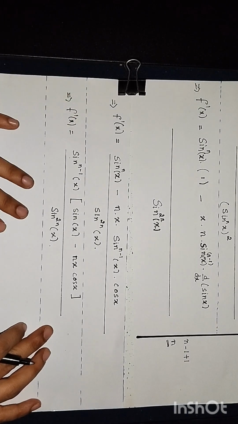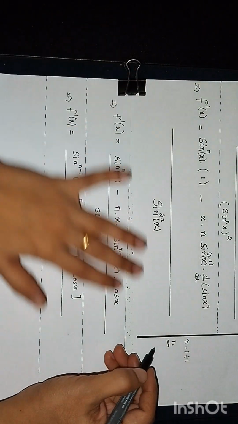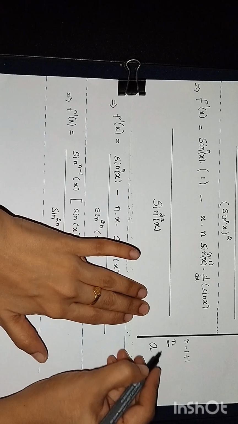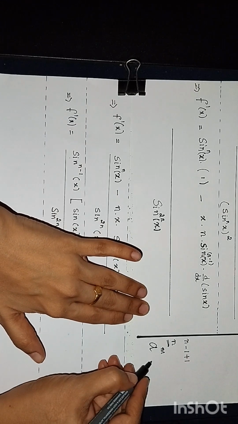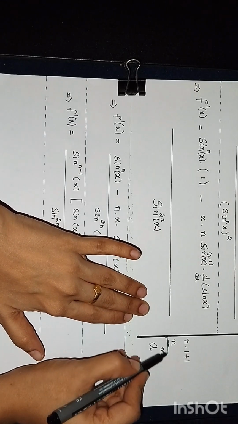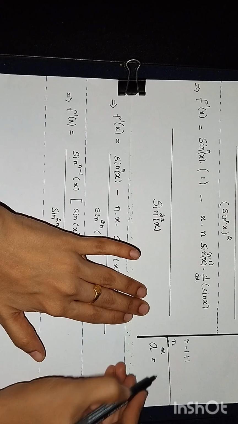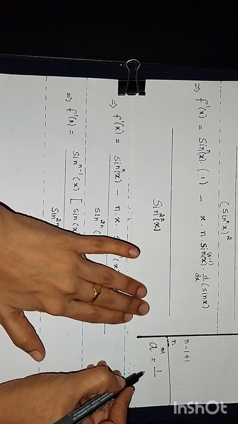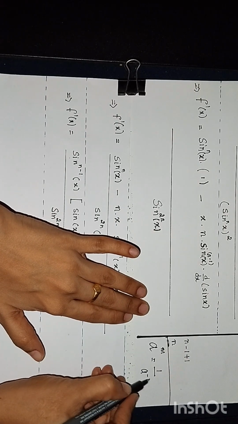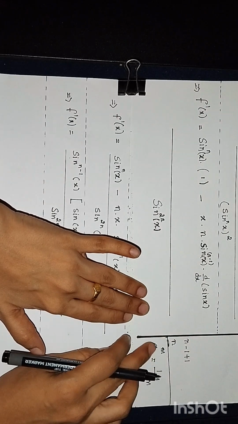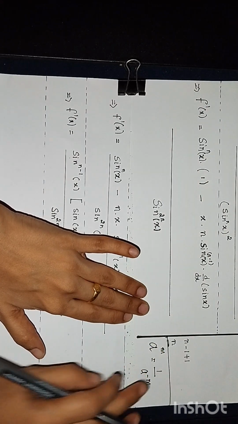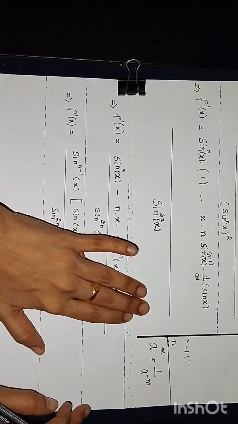In the law of exponents we have studied, when you have a to the power m, how do we write it in reciprocal form? You will write 1 divided by a to the power minus m, right?